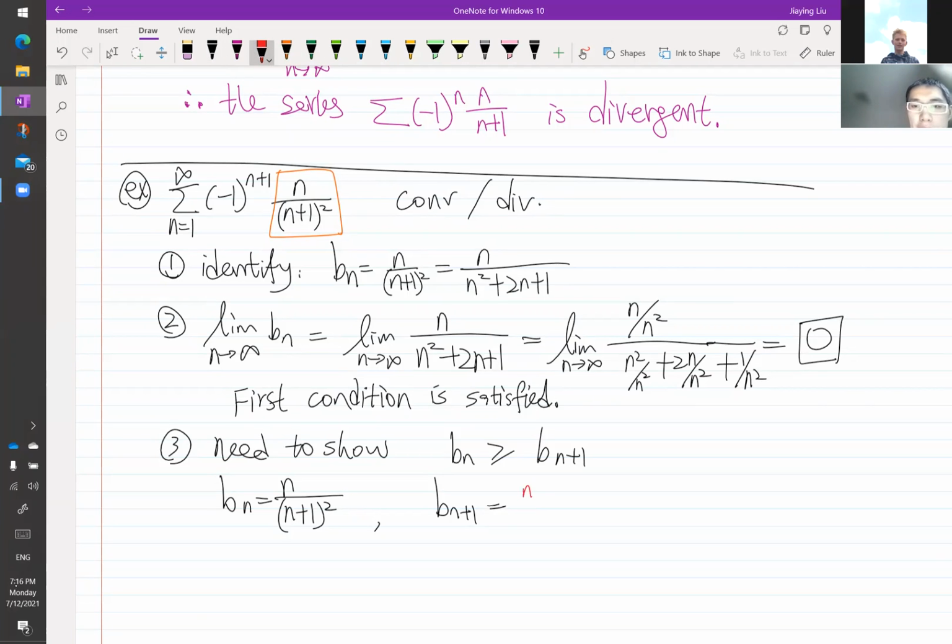So the numerator becomes n plus 1, and in the denominator, we have n plus 1 plus 1, squared. Then that becomes n plus 1 divided by (n plus 2) squared.